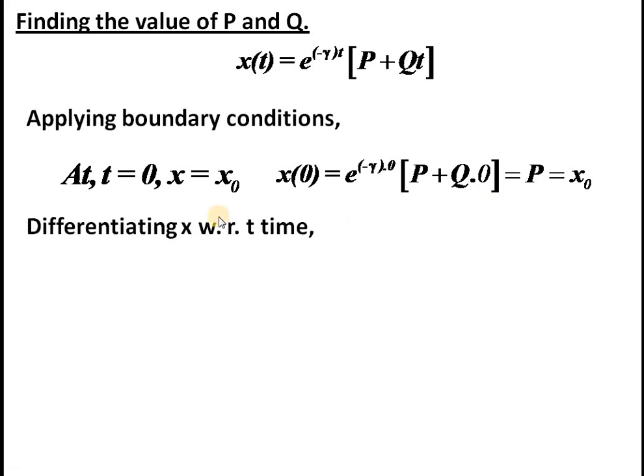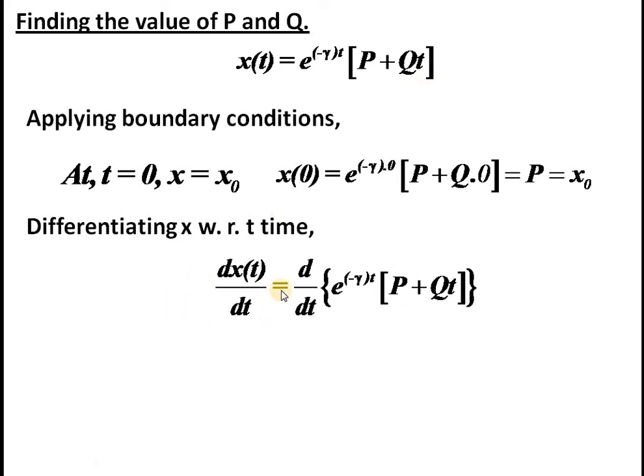And secondly, we want to find q also. Let us differentiate this one, then we can again apply the boundary conditions. We differentiate d by dt of e raised to minus gamma t into p plus qt. Differentiation of x will give you the velocity.